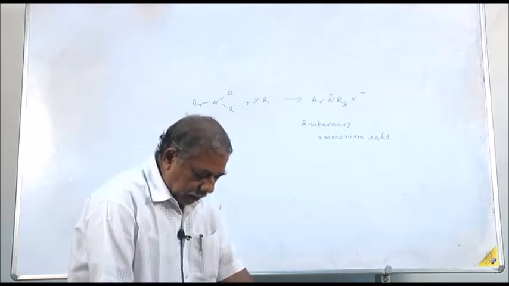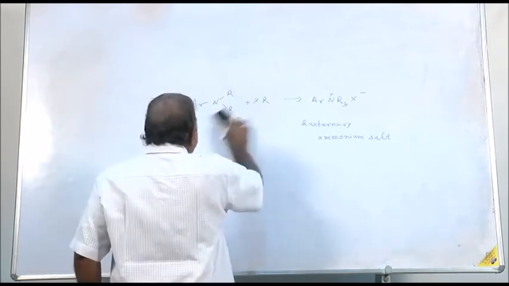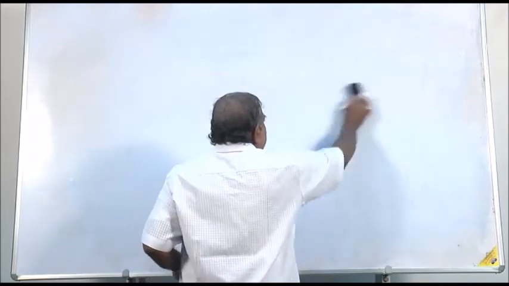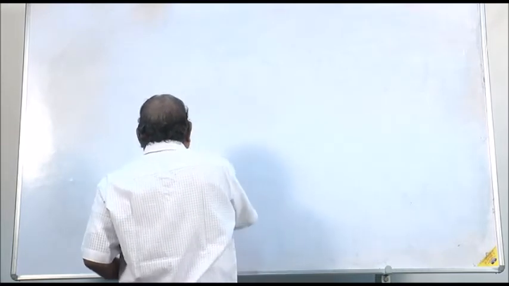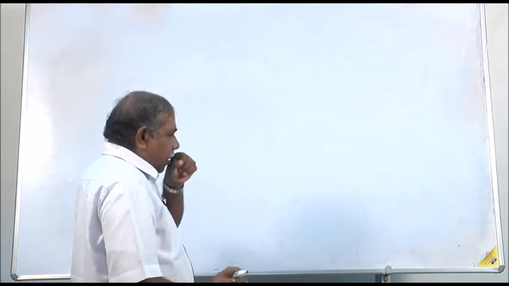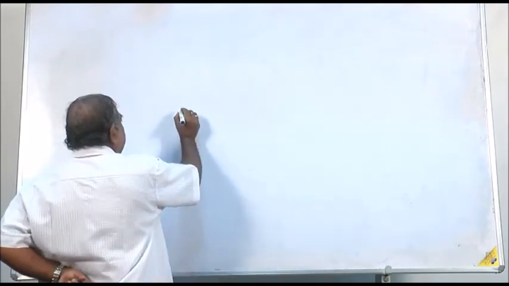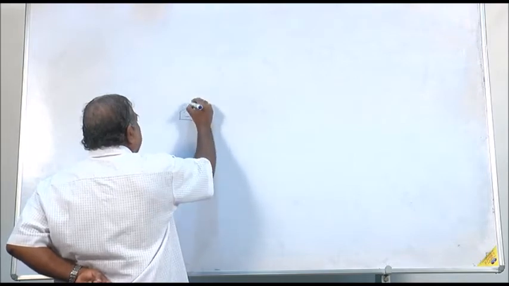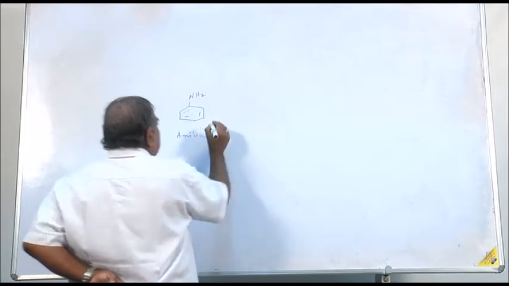Third is action with acetyl chloride. This also we have seen in connection with aliphatic amines, where acetyl chloride reacts with primary and secondary amines only, because the nitrogen atom of tertiary amine does not contain any hydrogen atom. So also here, if you take primary amine, that is your aniline, react with acetyl chloride.